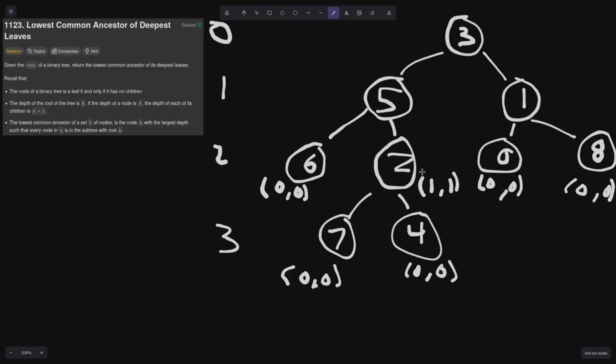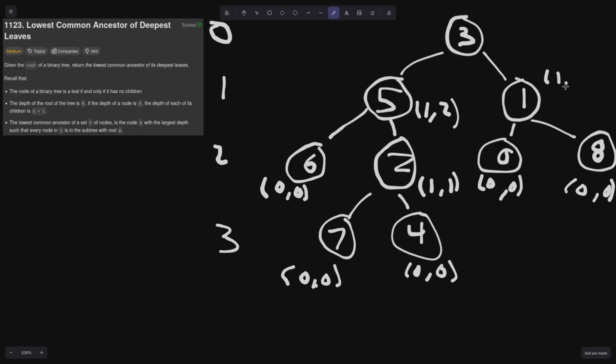For 5, we do the same logic. For the left element, it's the max of these 2, which is 1 again. Max of 0 plus 1 is 1, and then the max of 1 is 1, and we add 1, so 2. So this one has a left subtree depth of 1 and a right subtree depth of 2.